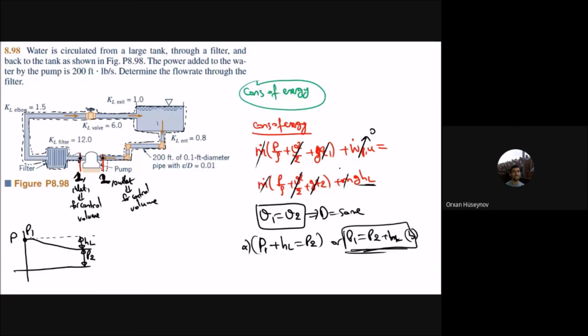So from the equation also, it is clear. I've cancelled out the terms here, so P1 by rho will be equal to P2 by rho plus g HL. Okay. Now let's find the HL value here. HL will be equal to f L by D times V squared by 2g plus K L times V squared by 2g.